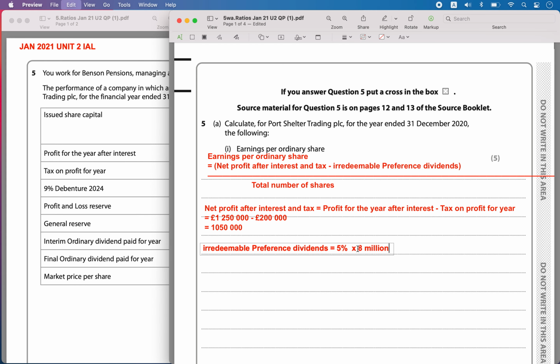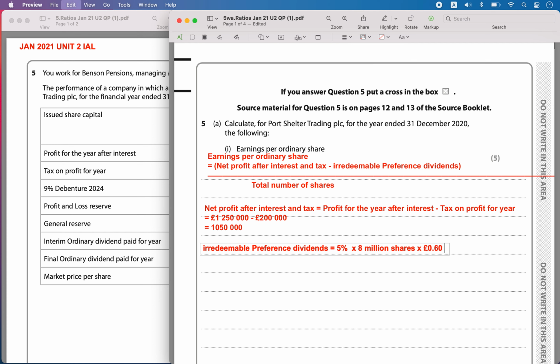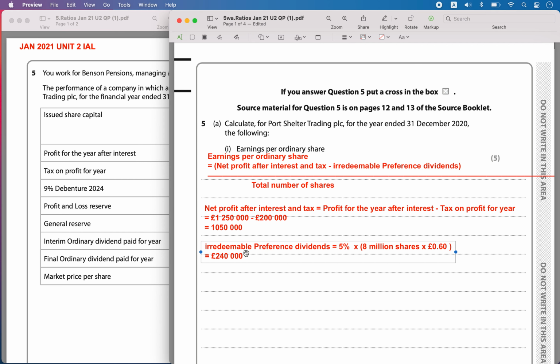You have 8 million shares into the rate of each one, 0.6 pounds. This is the capital value of that share. On that 5% we have to calculate. So that is going to be equal to 240,000 pounds.